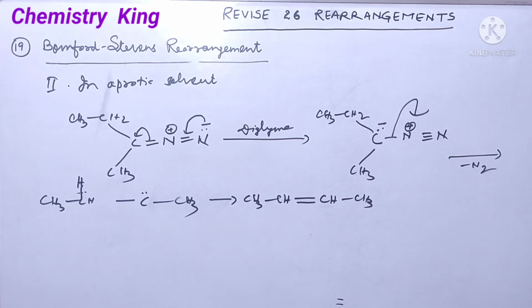That is tosyl hydrazone, and in both the places you use base. In Bamford-Stevens rearrangement you use bases such as sodium ethoxide, sodium hydroxide, potassium hydroxide, etc.